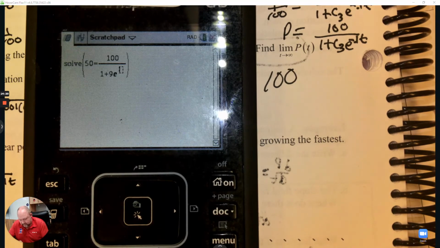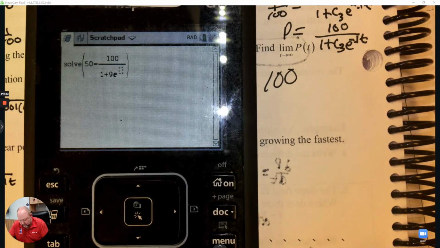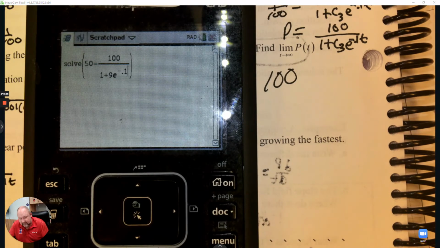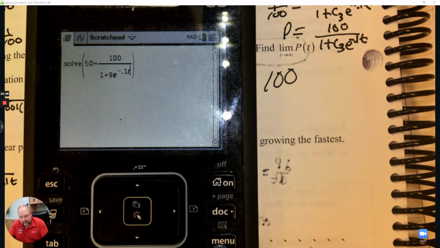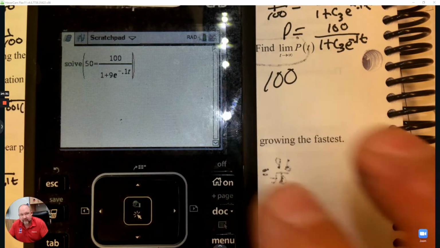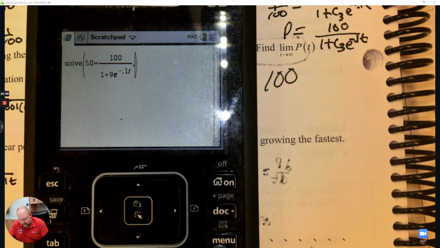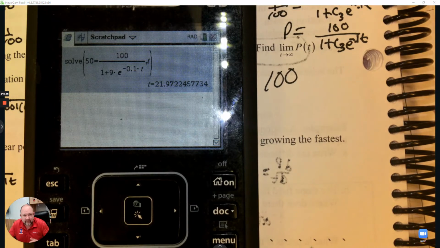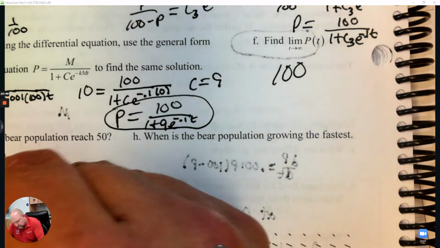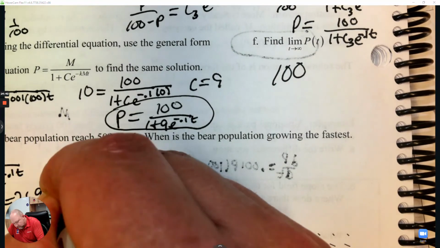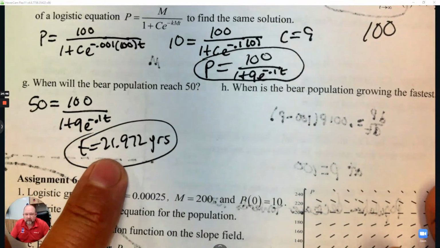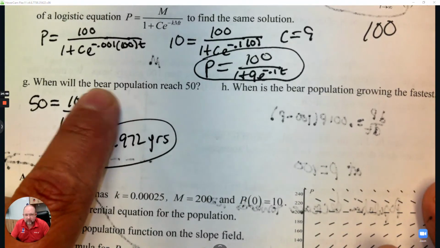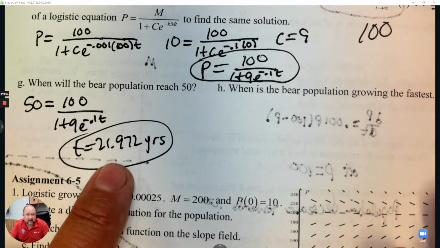That's on the left. And then it's negative 0.1 t. Make sure I typed it in right. And then go comma t, move the cursor, go comma t, and then solve it. 21.972. So in almost 22 years, the bear population will reach 50. Pretty slow, right, for that?